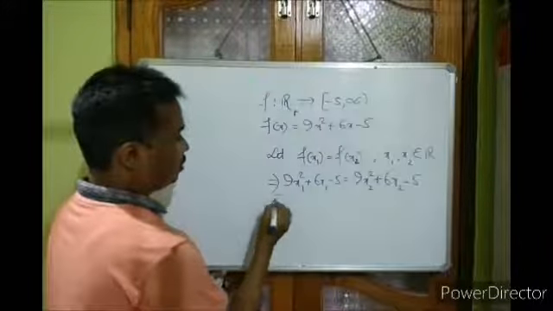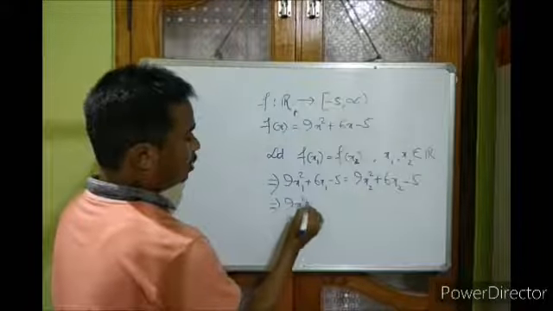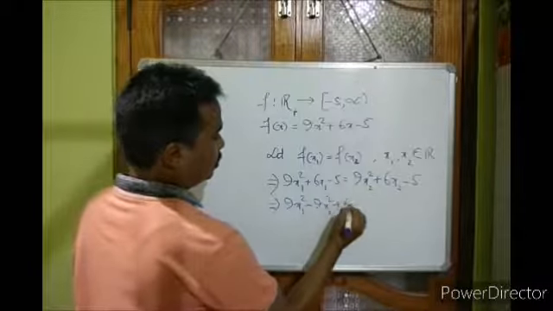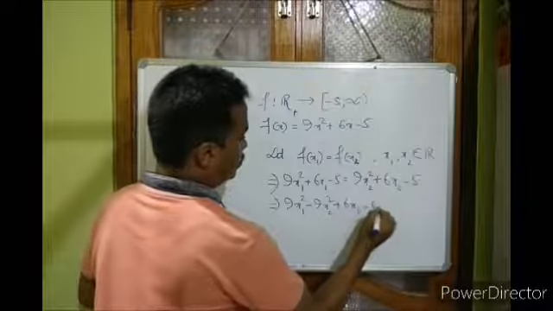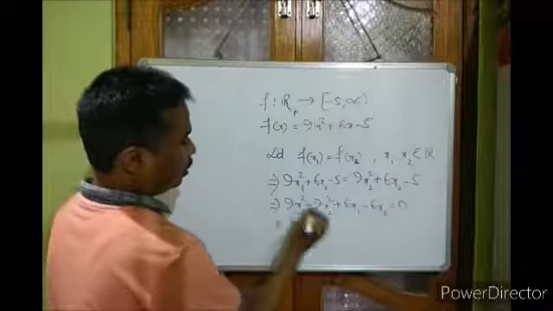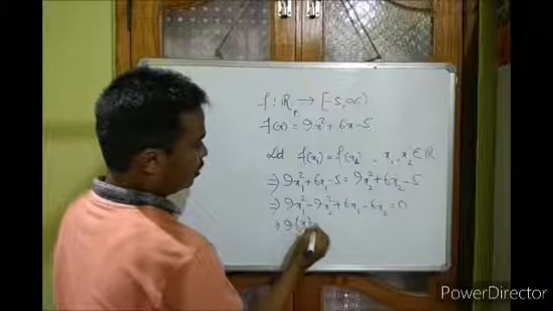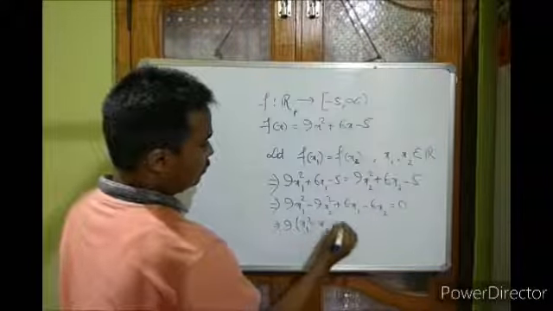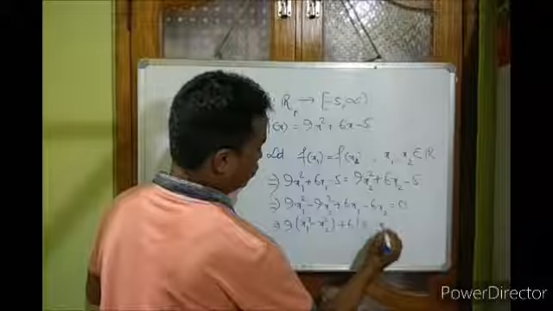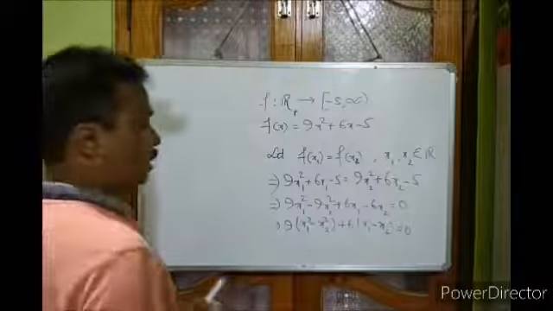So this implies 9x1 square minus 9x2 square plus 6x1 minus 6x2 is equal to 0. Taking 9 common and 6 common, we get x1 square minus x2 square plus x1 minus x2 equal to 0. So again we can factorize this.